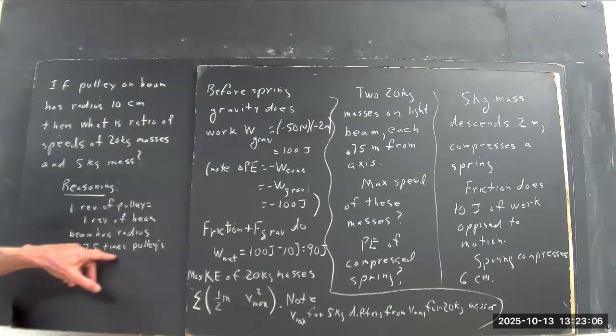The beam has a radius 7.5 times the pulley's radius. 10 centimeters, 75 centimeters, right? And of course, you've got to work that out.